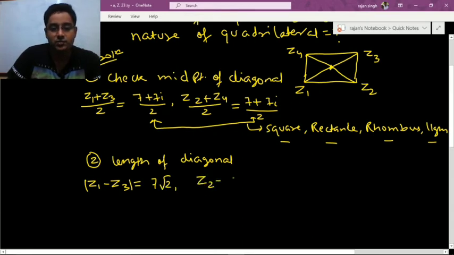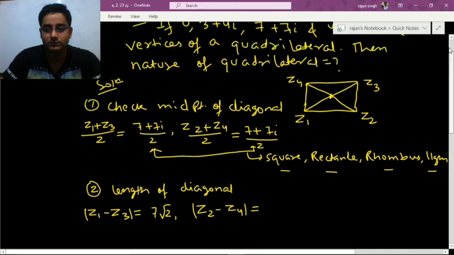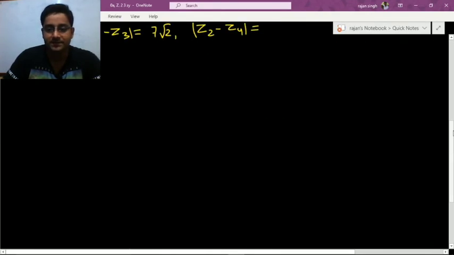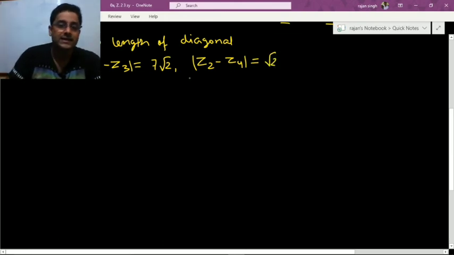Similarly, |z2 - z4|: 1 and 1 means simply root 2. So the lengths are not equal.